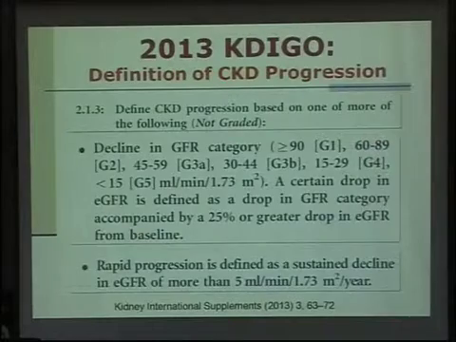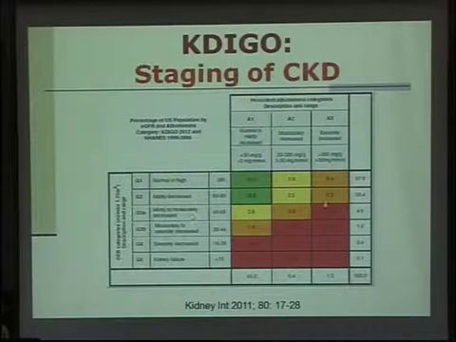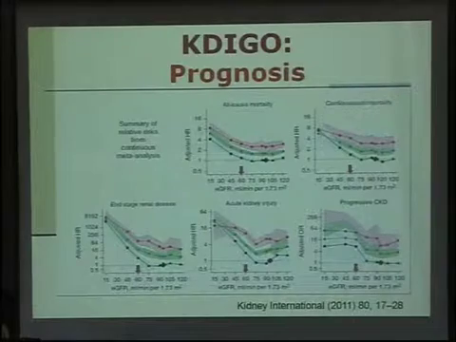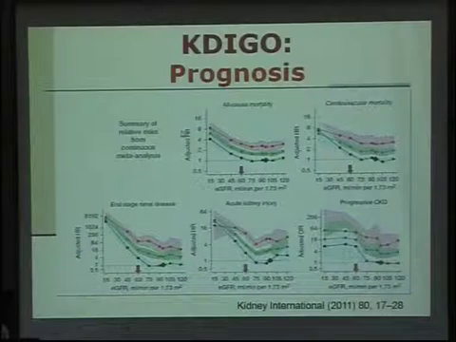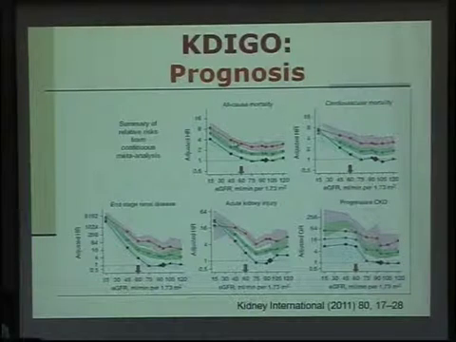If we go back to this color map, if you have a patient here in stage 3A, but A3, this patient has red color. So this patient is at risk for rapid progression of chronic kidney disease. And to explain this meta-analysis, look here at the color code. We have blue color, green color, red color.